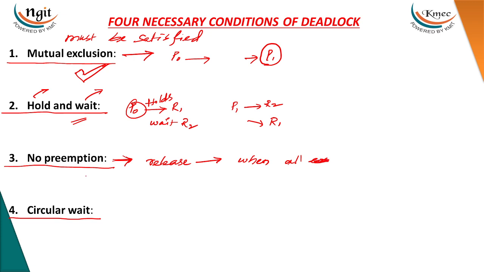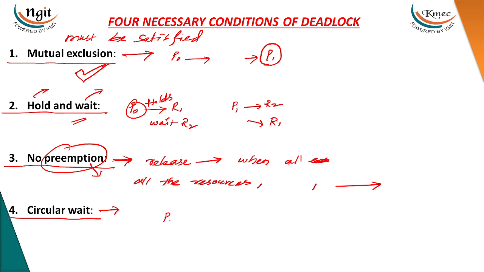That means the process releases the resources only after it gets all the resources that are needed and uses them. Until it gets all the resources, it will not release the previously acquired resources. That is no preemption.